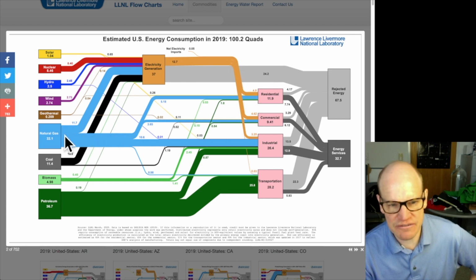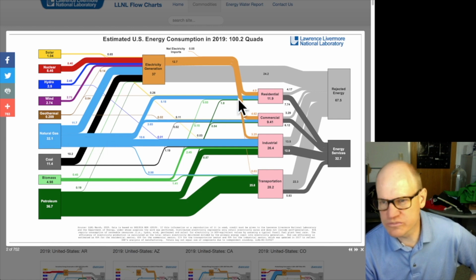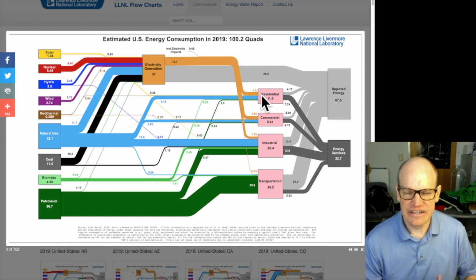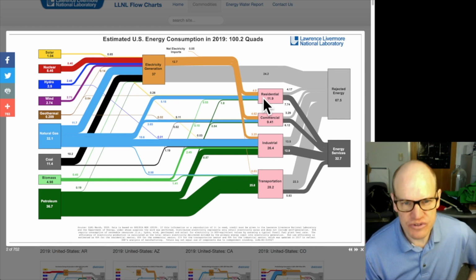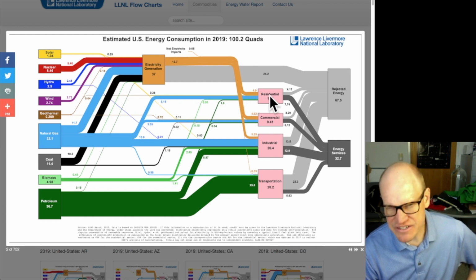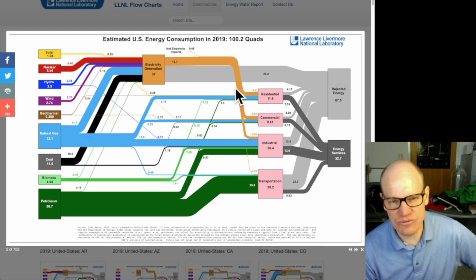And then you also have, for example, the direct use of natural gas that goes into homes for water heaters and furnaces and stovetops and things like that. So roughly half of the energy that we consume in our homes comes through natural gas, and roughly half comes from electricity.